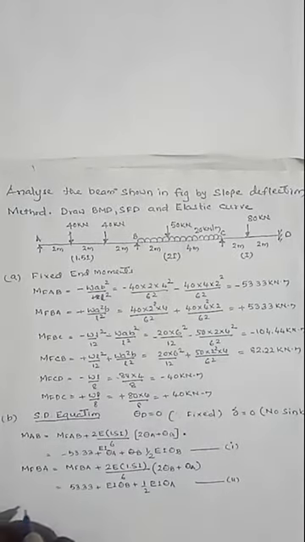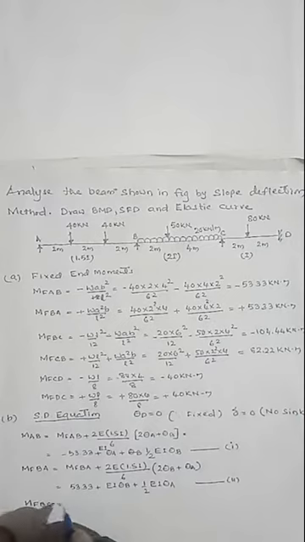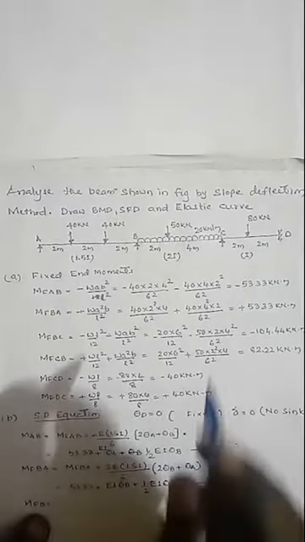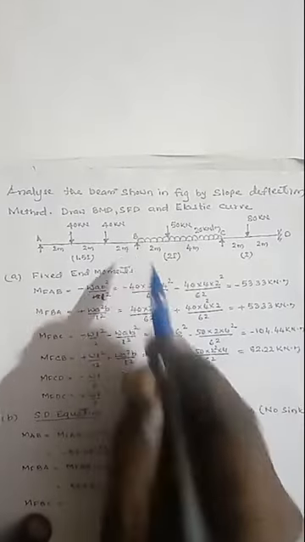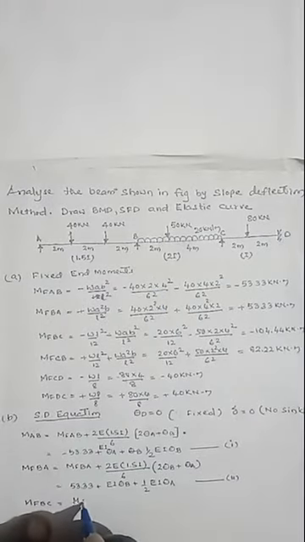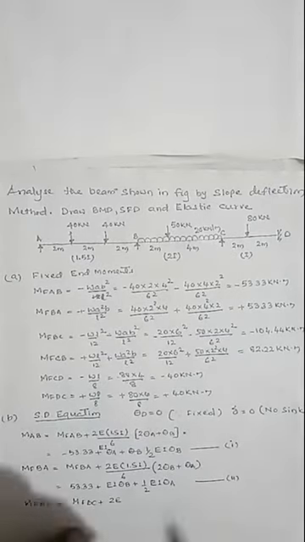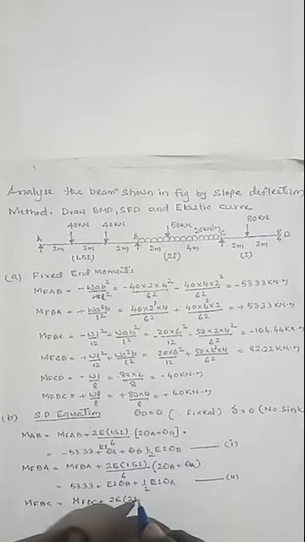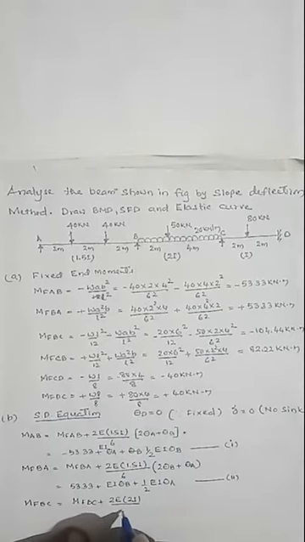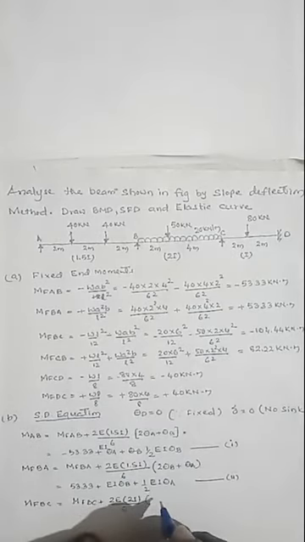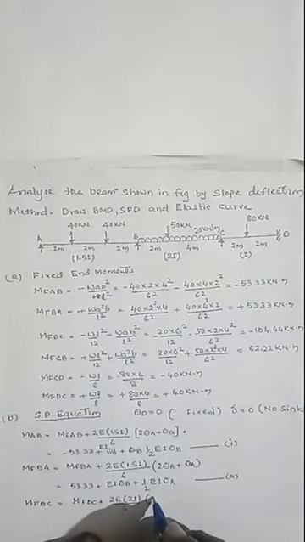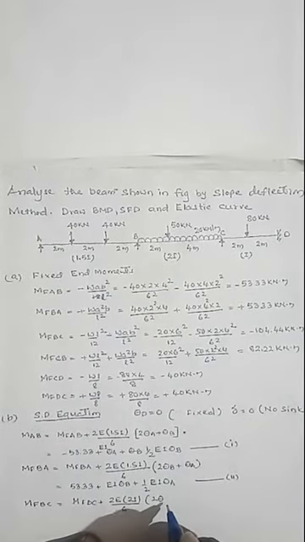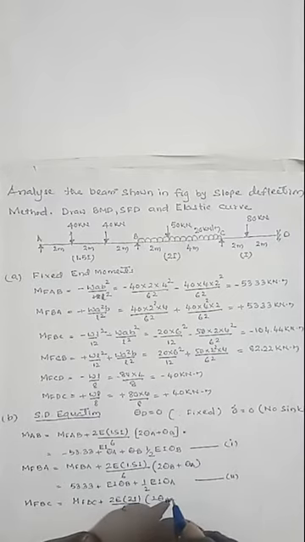Then for the second span, BC, MFBC for the left end, the near end is B. Then MFBC plus 2EI, where the moment of inertia is 2 times I, hence we substitute 2I divided by L, which is 6, inside the bracket. The near end is B, hence 2 times theta B plus far end theta C. There is no sinking.